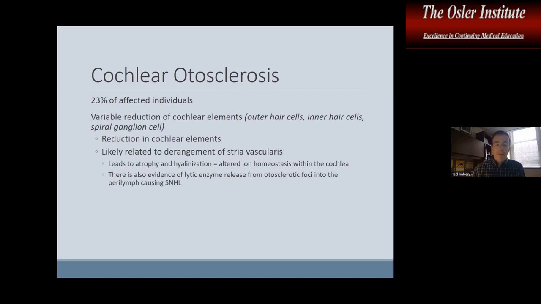With the stria vascularis in particular, involvement from otosclerosis can lead to atrophy and hyalinization, thus altering ion homeostasis within the cochlea. There's also been evidence that lytic enzyme release from the otosclerotic foci into the perilymph can cause sensorineural hearing loss as well.